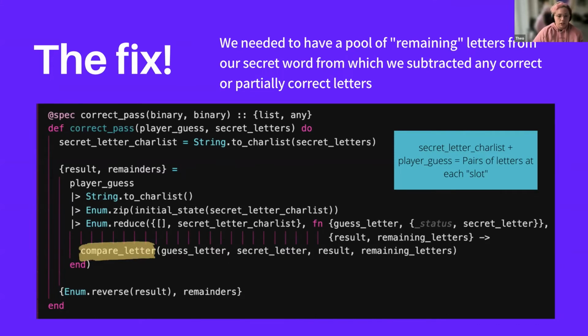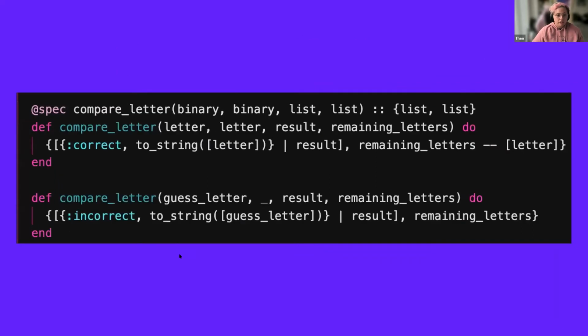For those that don't know what that does, it takes them and pairs them up into their own neat little packages, so we ended up with a really nice set of pairs of corresponding letters that could be attributed to each slot in the 5 slot word boxes. Then we reduce over them with this compare letter function, which we've got on the next slide.